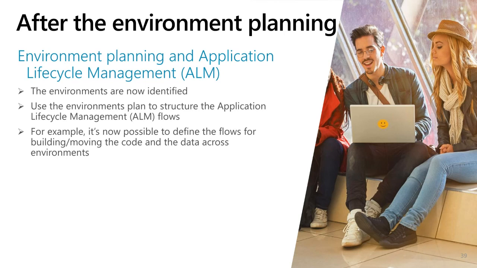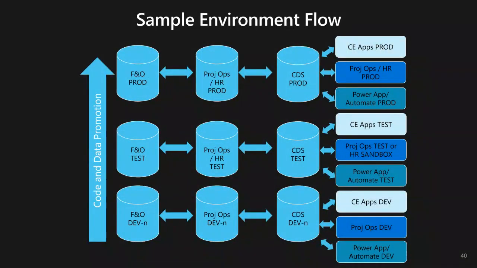You're going to want to make sure that you're considering both your code movement between your environments and your data movement between your environments. So I've put together a graphic that is a very simple sample environment flow. Obviously, when you consider your environment flow, you're probably going to have more arrows and more details in it, depending on how many code branches you have.